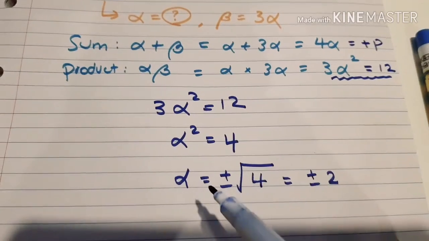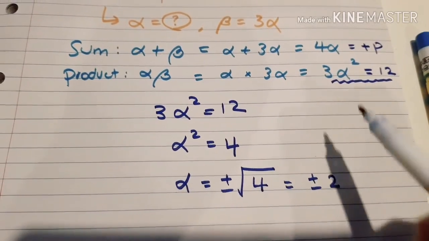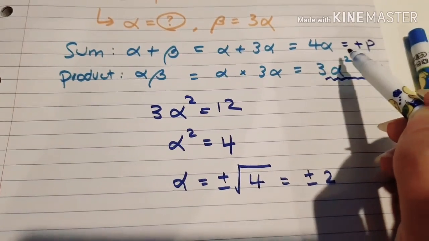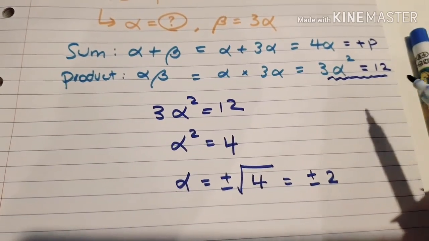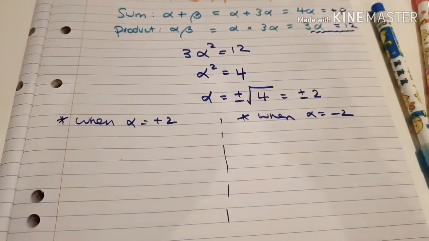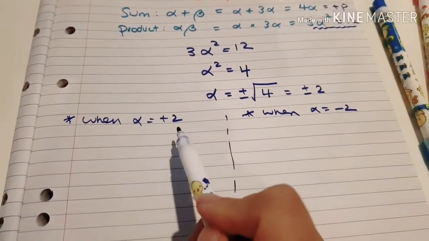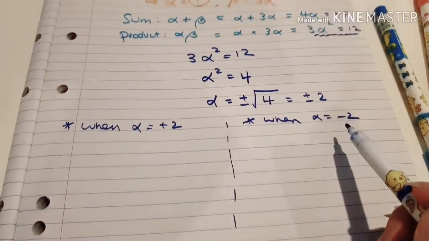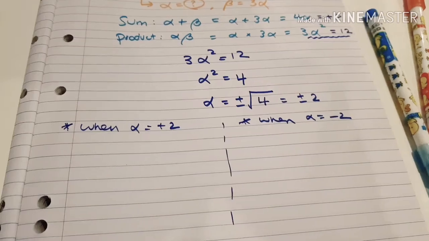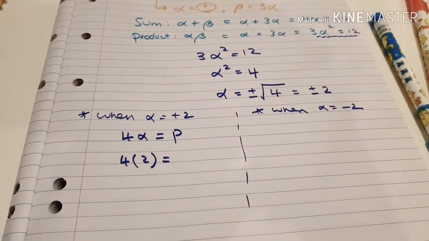Right, I can put this value back in the first one where 4 alpha is equal to positive p. So I'm going to put both positive and negative, so therefore, separate into 2. When alpha is positive 2, when alpha is negative 2, I'm going to substitute in this value in this equation, the first one like this.